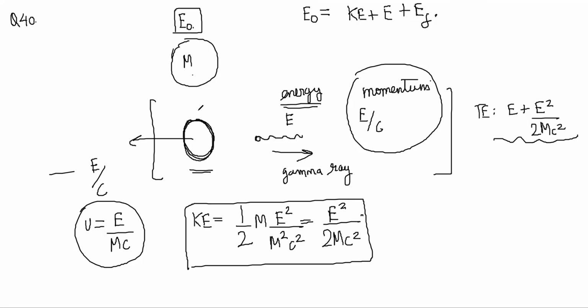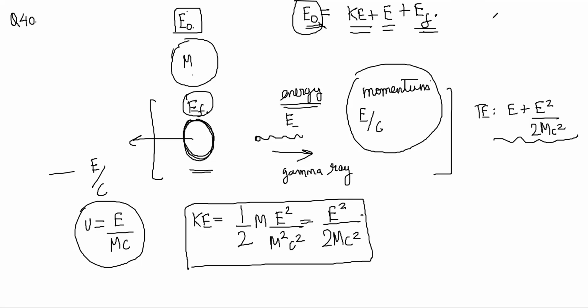E naught is the initial internal energy, and E final is the final internal energy. So the total initial energy should be equal to the kinetic energy plus the energy of the photon plus E final, right? No other energy is there anywhere else.